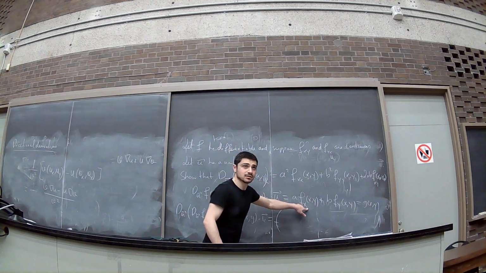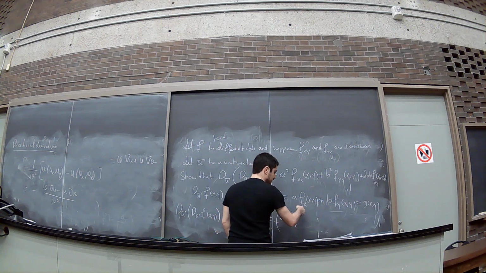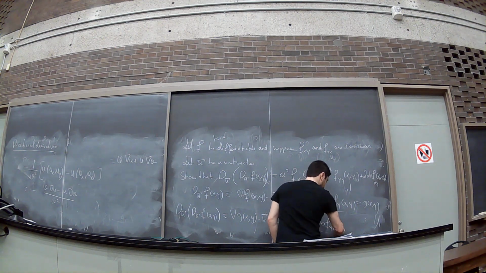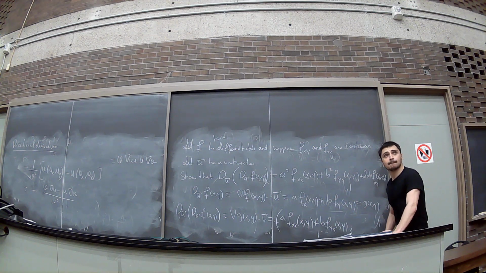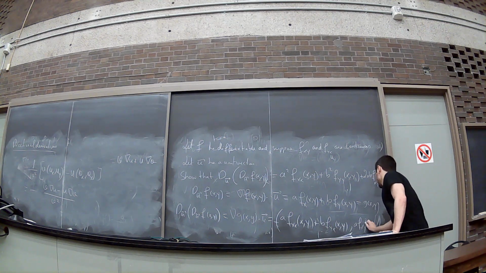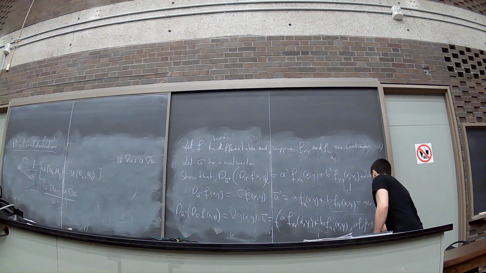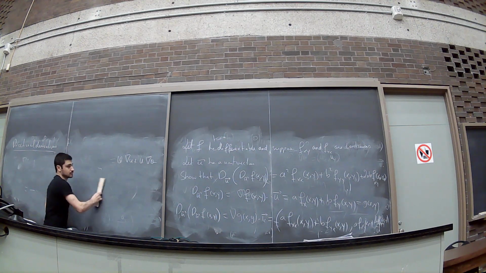It's a fxx plus b fyx. Agreed? Differentiate g with respect to x, you get a fxx plus b fyx. And what's the second component? Differentiate with respect to y, you get a fxy plus b fyy, right? Dot u. Okay, sorry if you cannot see. And then what do I get here?